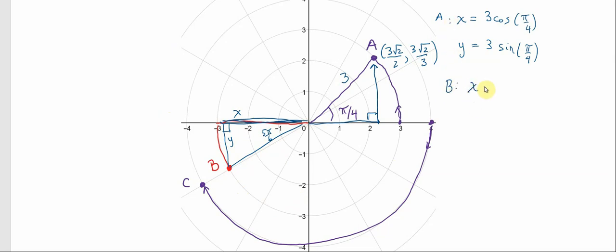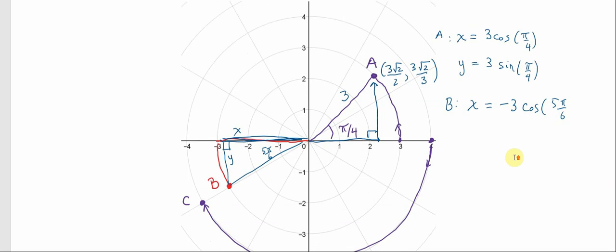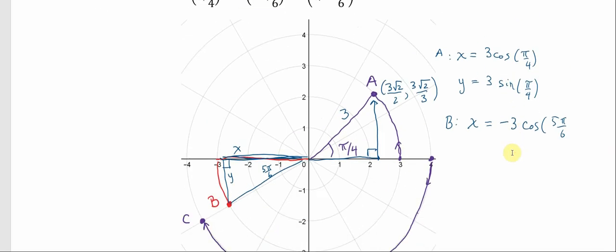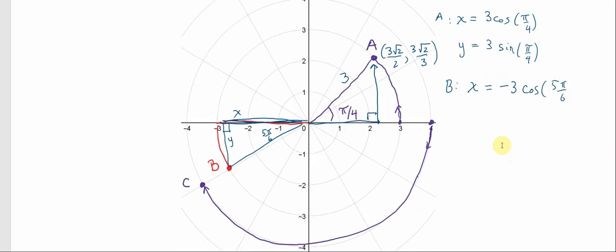X is just nothing more than the radius, which is negative 3, times cosine of 5 pi over 6. Oh, I'm sorry, was it 5 pi over 6 or pi over 6? Oh, it was just pi over 6, excuse me. So let's correct that. This is cosine of pi over 6.